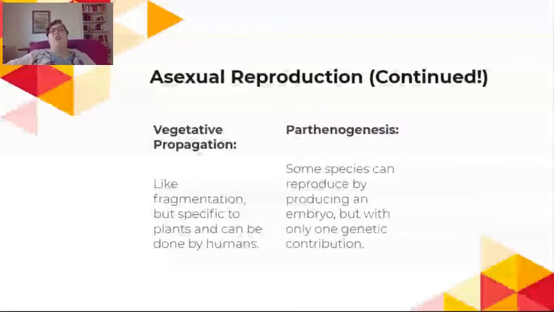So some species of lizard, for example, can do this thing where they create an egg and it looks like the reproduction of any other lizard, except that there are no male lizards. It's one sex of lizard that is capable of reproducing completely by itself.